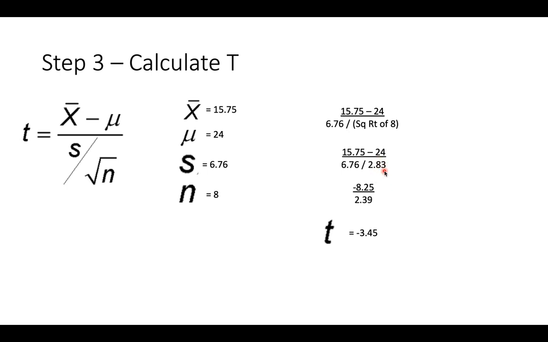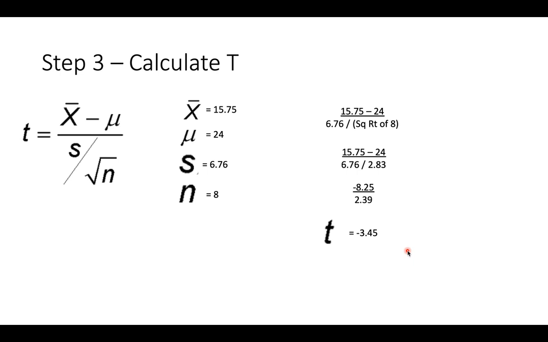So we go 6.76 divided by 2.83, which gives me a denominator of 2.39. We take our difference score between our sample and our population mean, and that gives me negative 8.25. So negative 8.25 divided by 2.39 gives me a final t-test statistic of negative 3.45.